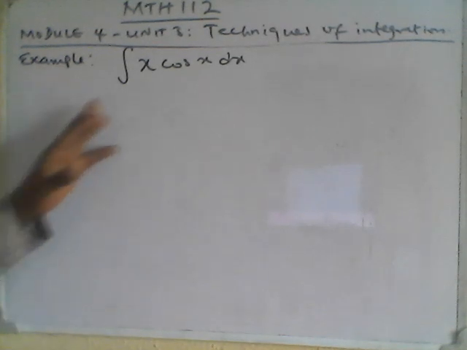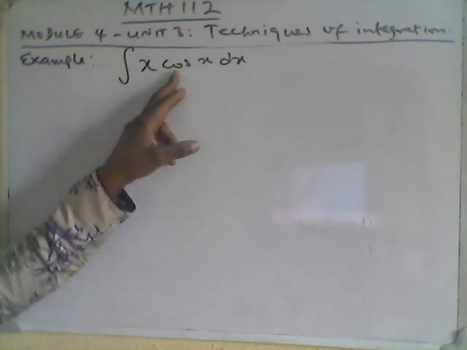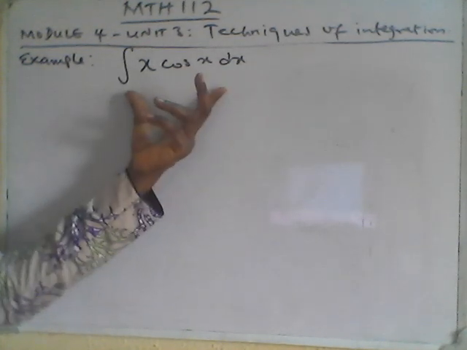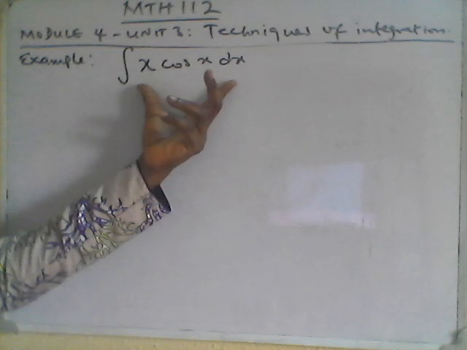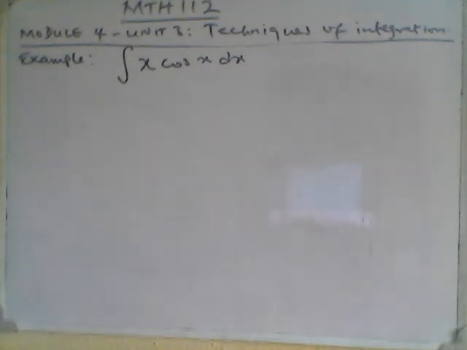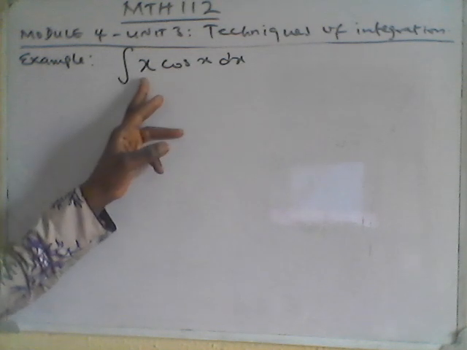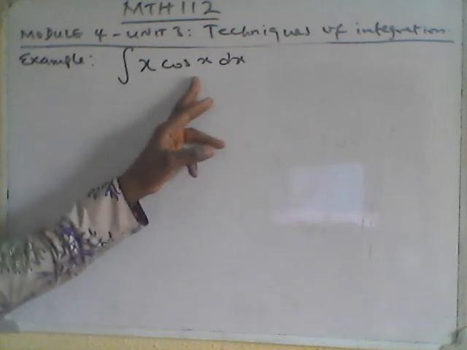So we have another example on the board. Integrate x cos x dx. So again, it's by inspection. You see that we have two functions here. You expect to see two functions of x.